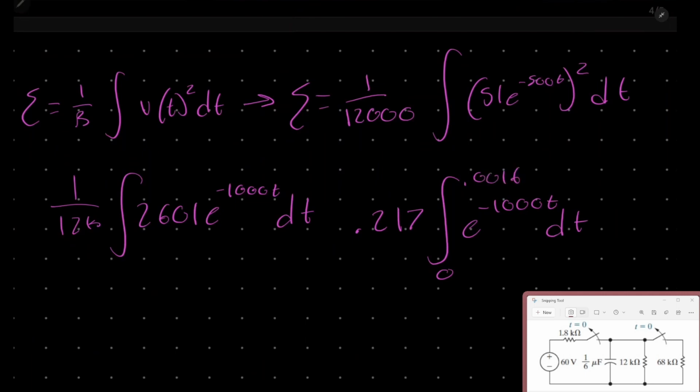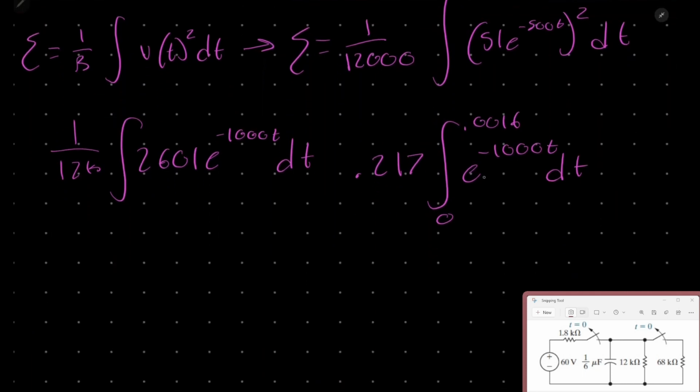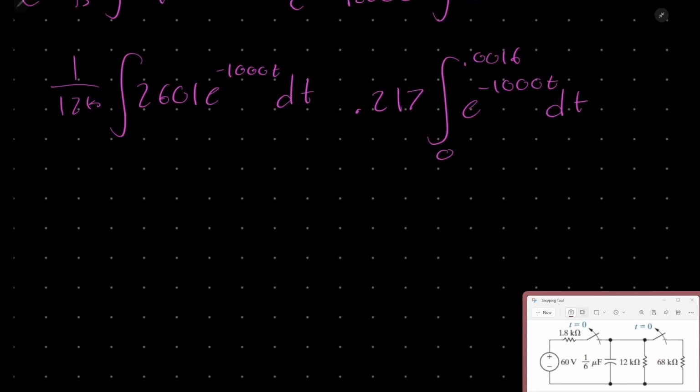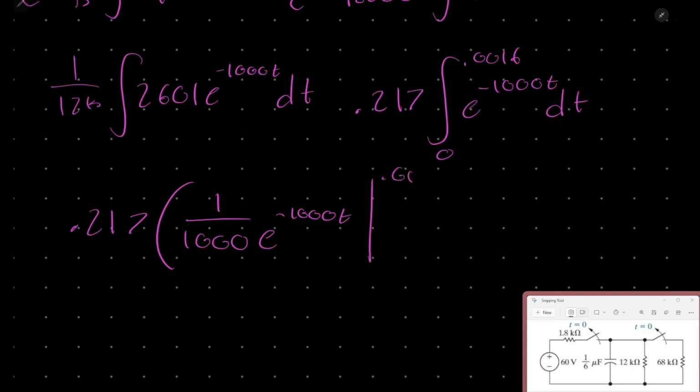There we go. So now we're going to find the integral of e to the power of negative 1000t, which is going to be 1 over 1000 e to the negative 1000t, from 0.0016 to 0.